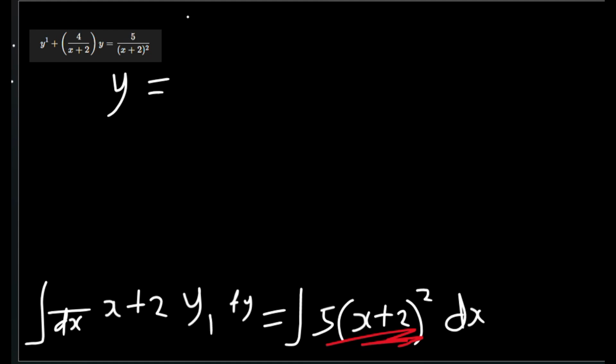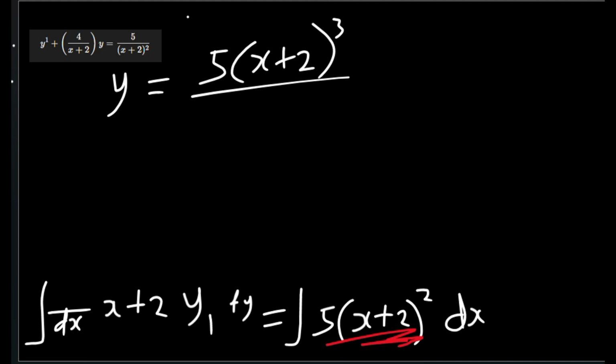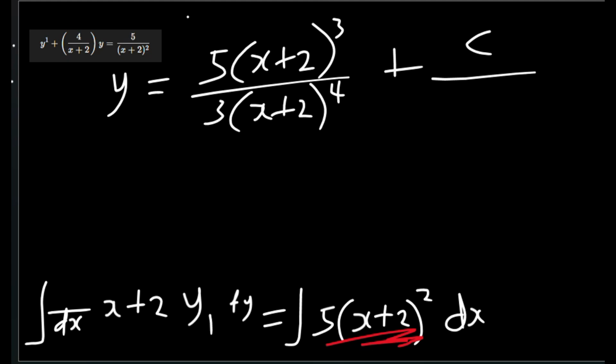So we had y is equal to 5(x + 2) to the power, it was 3, right? Yeah, it was 3, over 3(x + 2)^4 plus our constant over our denominator (x + 2)^4.